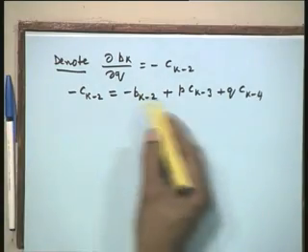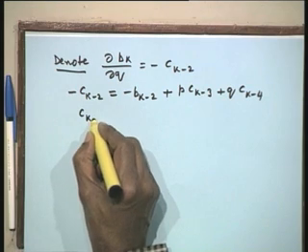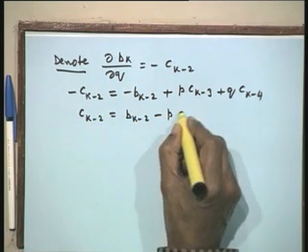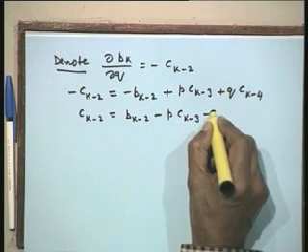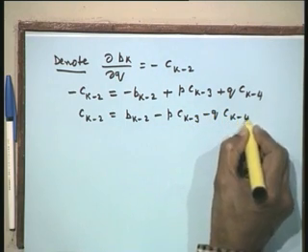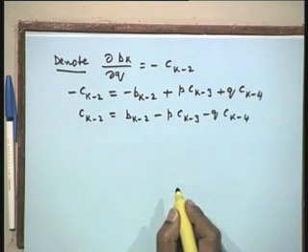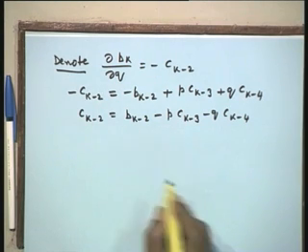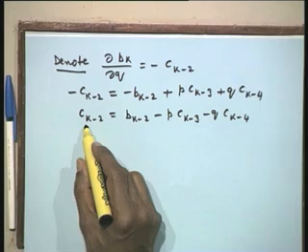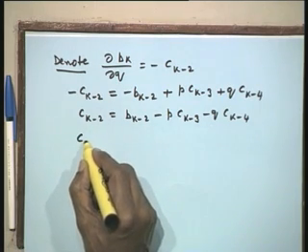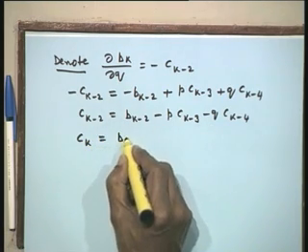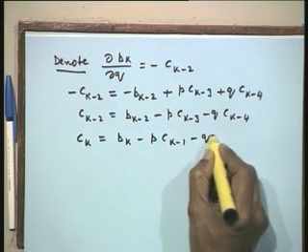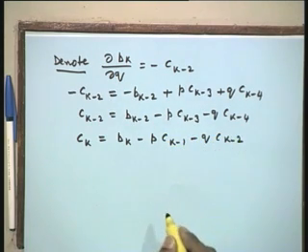Now let us remove the minus sign again from both sides. So I can write Ck minus 2 is Bk minus 2 minus P Ck minus 3 minus Q Ck minus 4. Again let us replace k by k plus 2. So then it will read Ck is equal to Bk minus P Ck minus 1 minus Q Ck minus 2.